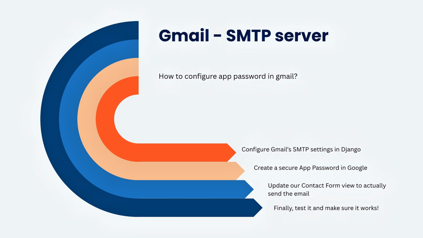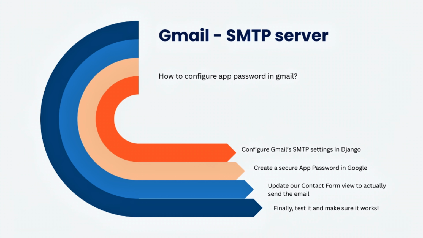By default, Django just prints the email to the console, which is great for testing. But if we want to send real emails, we'll need to configure an SMTP server like Gmail or any other provider.